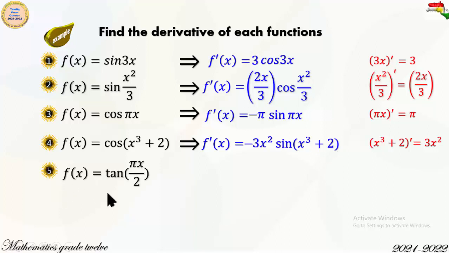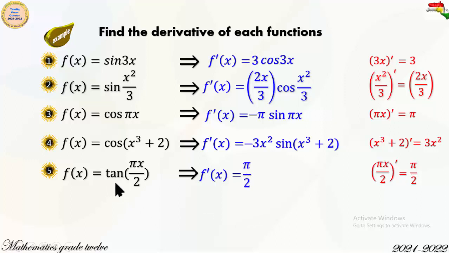Fifth, f of x is equal to tan of pi x over 2. The angle here is pi x over 2. The derivative of it is pi over 2. And now f prime of x is equal to: write pi over 2.